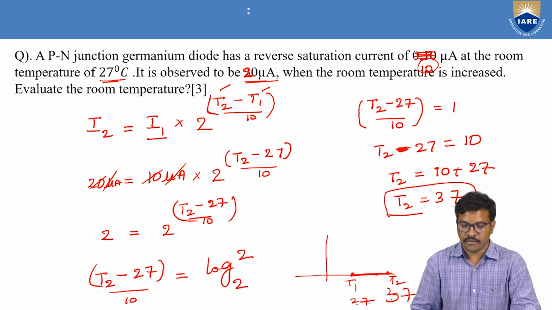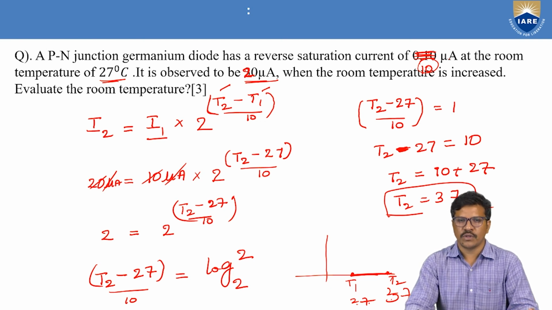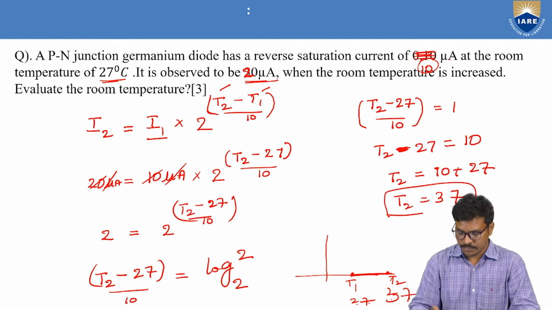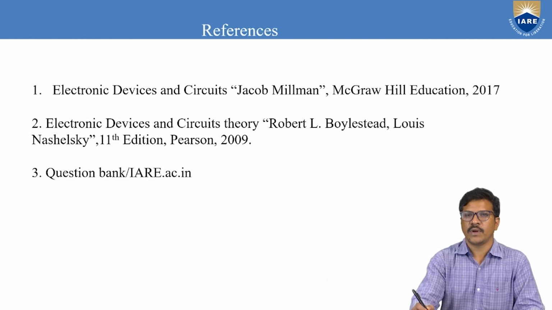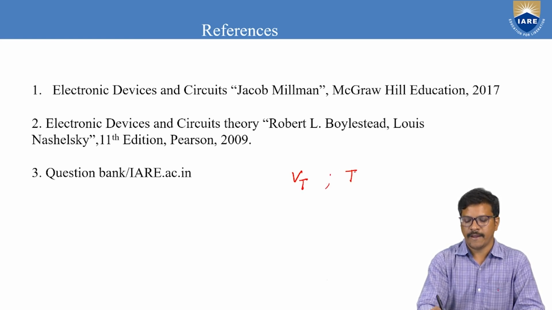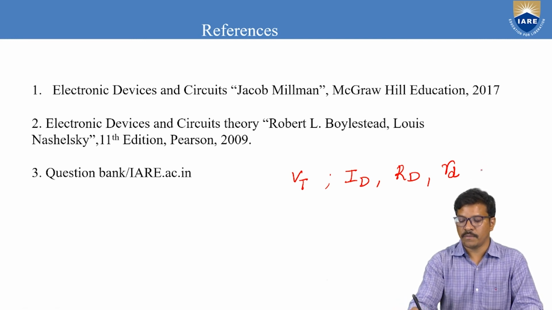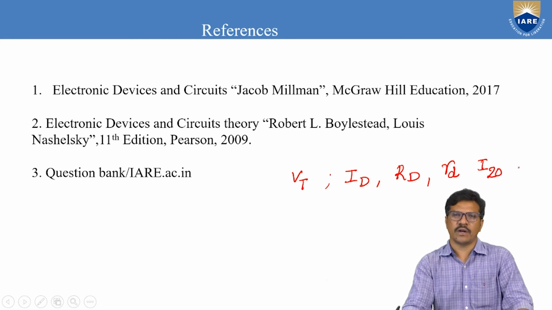So these are the examples of problems related to the diode, like diode resistance and the current flow in the PN junction diode. In this I have covered how to find out the threshold, the volt equivalent of temperature, how to find out ID, how to find out dynamic resistance, how to find out static resistance, and how to find out reverse saturation current I02 for the given I01, T2 and T1.